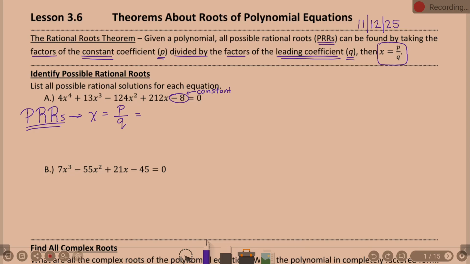So on top of my fraction, what I'm going to work out here in a moment are factors of, and officially I'm going to say factors of -8. I'll be honest, it's not going to matter either way, whether you say +8 or -8. That is the constant because it is the number without a variable, most often at the end. And then the denominator: what's Q?